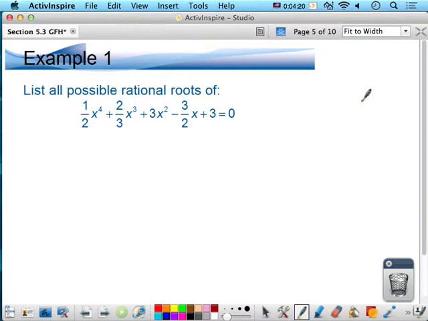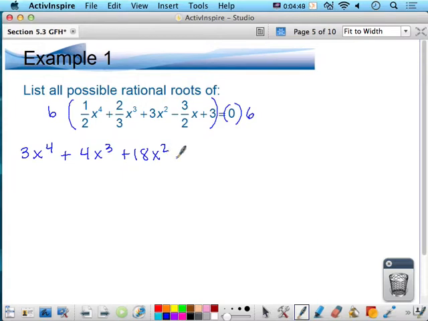So we're going to multiply both sides of this equation through by 6, which is the common denominator of 2, 3, and 2. On the left side, 6 times 1/2 is 3, x to the 4th. 6 times 2/3 is 4x to the 3rd. 6 times 3 is 18x squared.